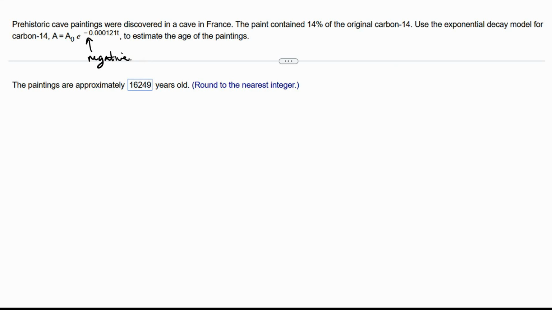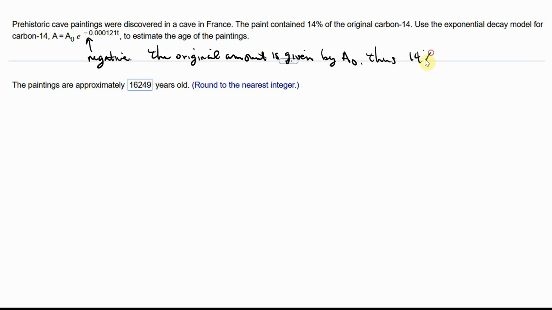Now it tells us that we have 14% of the original. So the original amount is given by A naught.